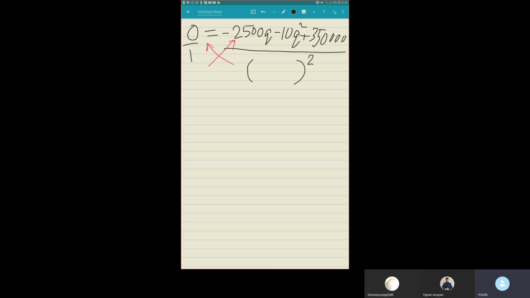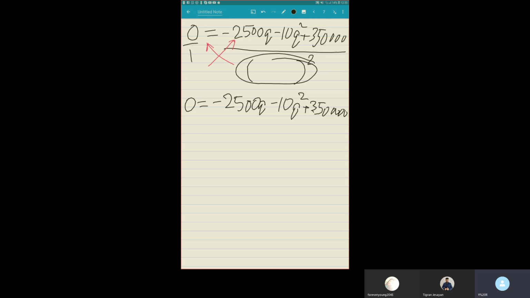Whatever is here is not so important because we are multiplying this by 0, so we don't need to work it out. That's why you said you can leave it. So this is basically the same but without the denominator, so it's equal to only the top part. Yes. So now we are getting to the much simpler one.